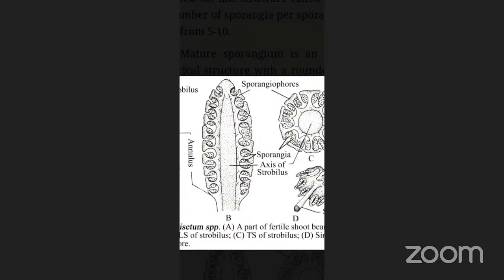After development, the spores are liberated, and they are spherical, uninucleate structures. Here the spores have four layers: the innermost layer is the endospore, which consists of cellulose, the outer one is the exospore, and the middle one.